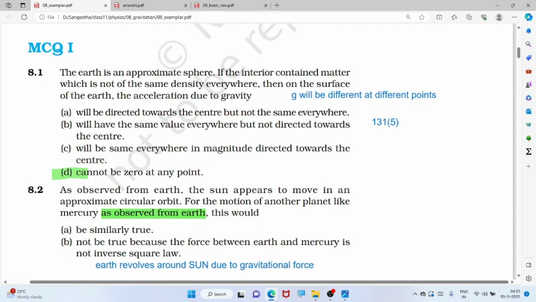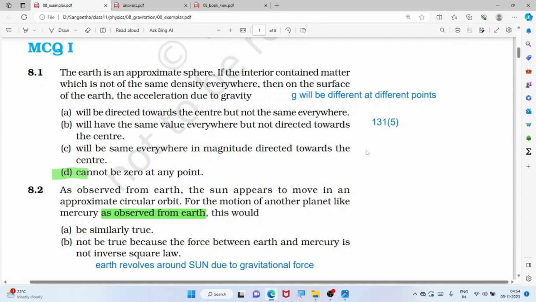If the density is different, it will not be directed towards the center. Only if the density is the same everywhere will it be directed towards the center and have the same value everywhere. So that statement is wrong, because with different density it is not the same everywhere.